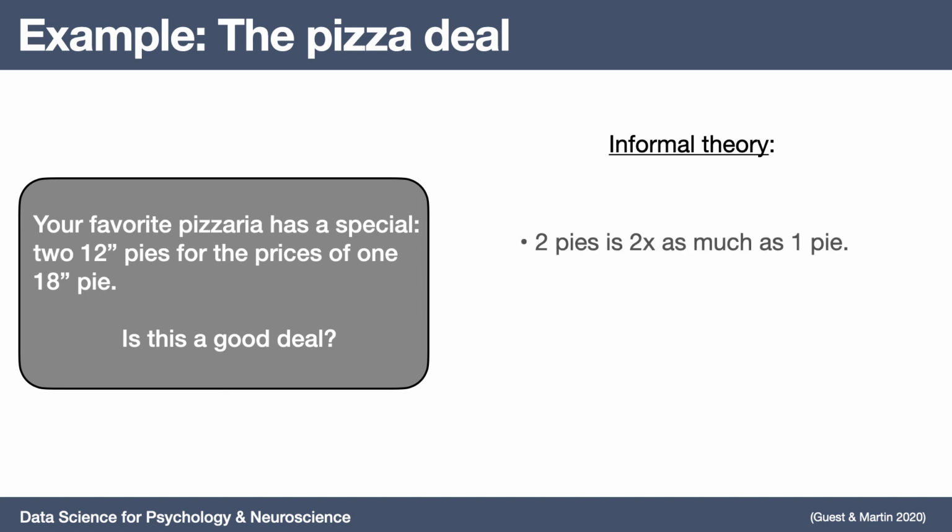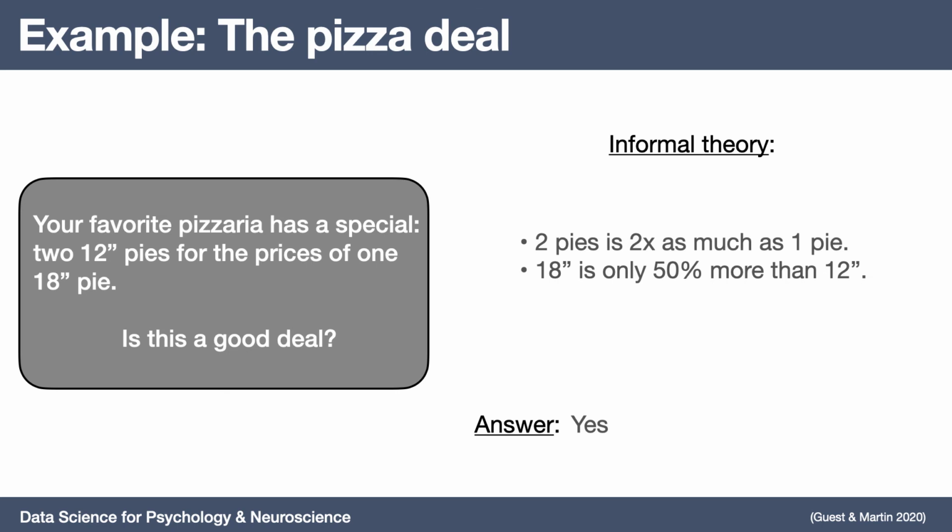Well, two pies are twice as much as one pie, and 18 inches is only 50% more than 12 inches. So given that we have 100% more pie versus an 18-inch, it's going to be a better deal. And so the answer is yes. You think that this is a good deal, to take the two 12-inch pies.